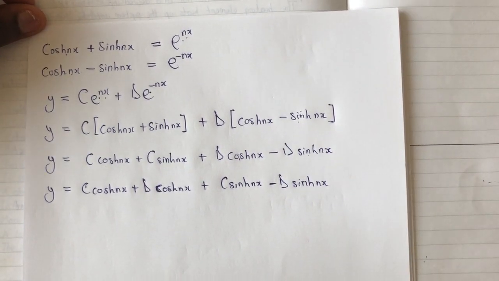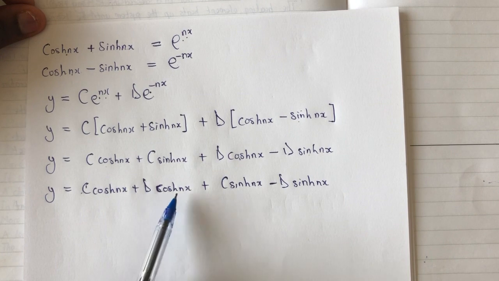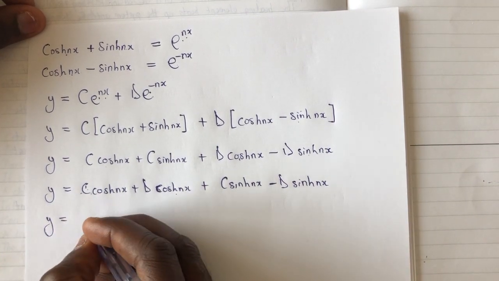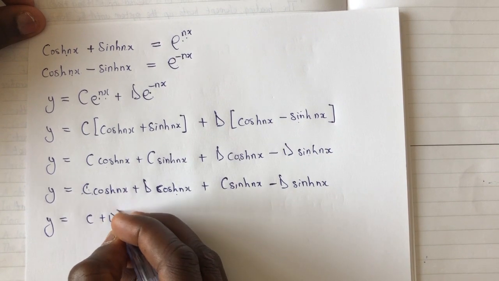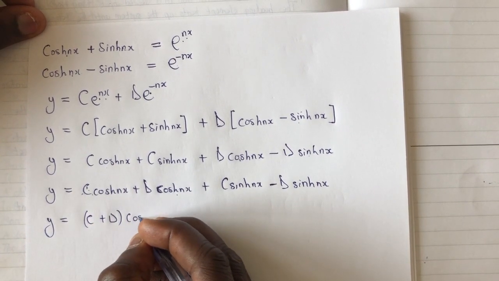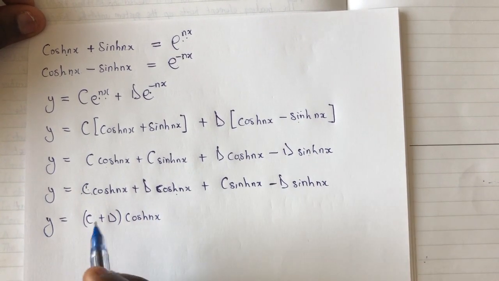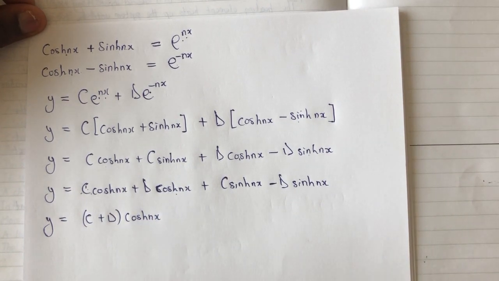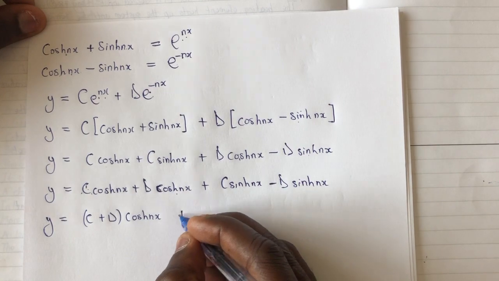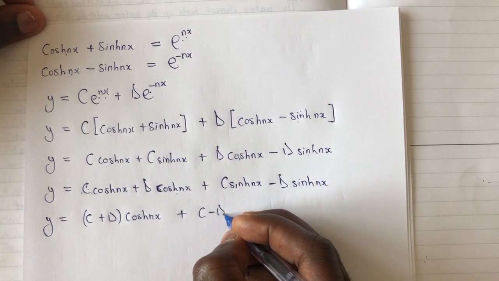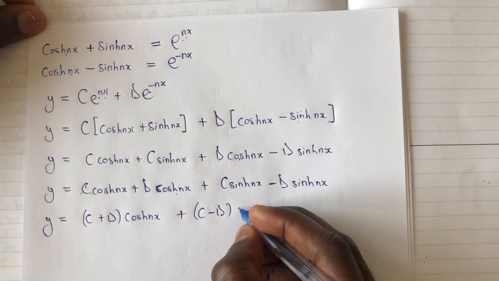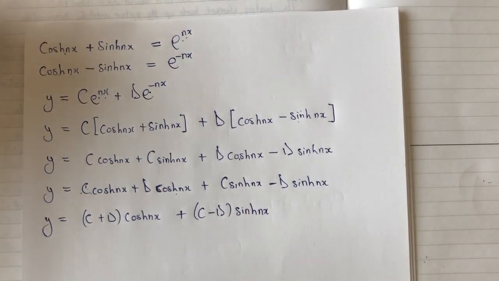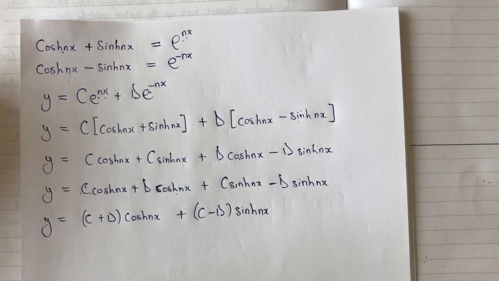So now I can factorize c and d by saying y equals c plus d bracket cos nx, plus c minus d multiplying sin nx. Now we are almost there.